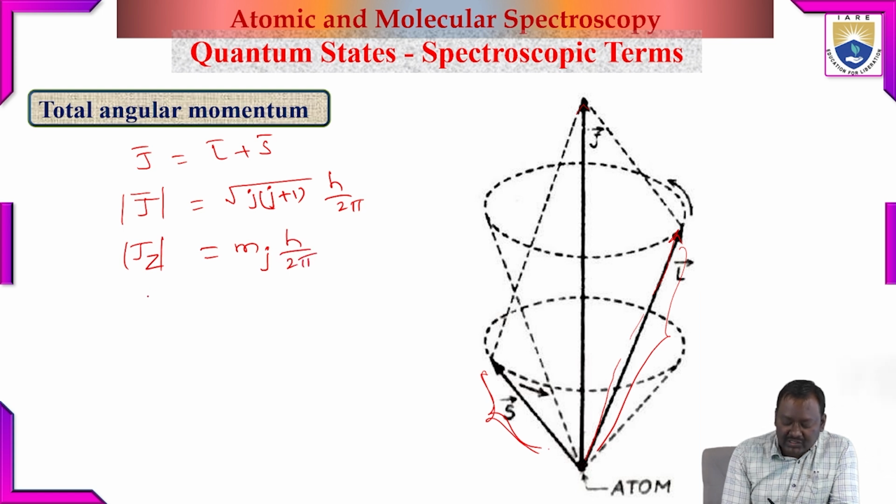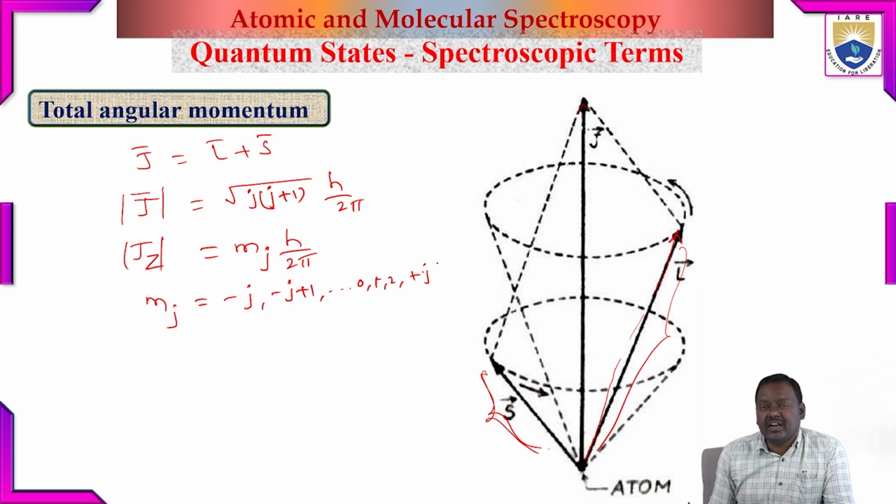The Mj values go from minus j, minus j plus 1, minus j plus 2, and so on up to 0, and 1, 2, up to plus j. These are all the values that Mj can have.